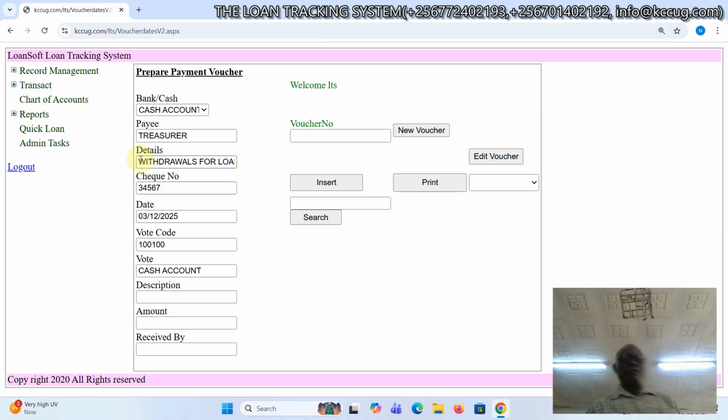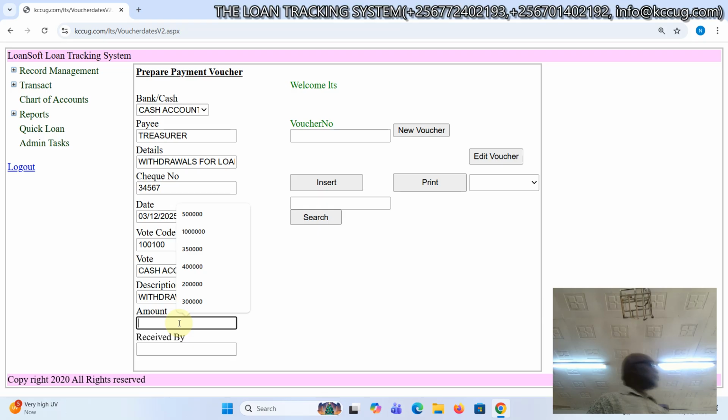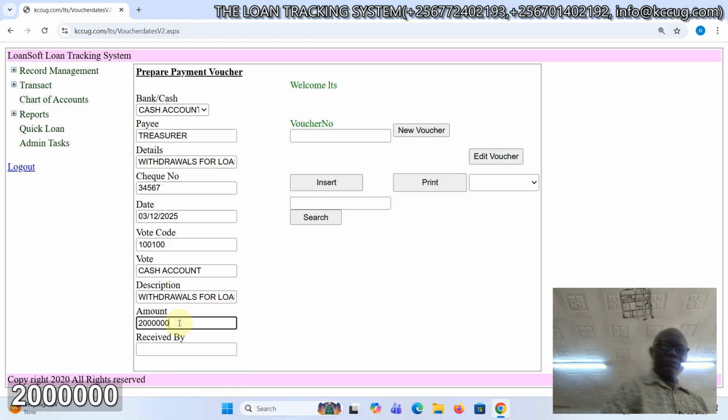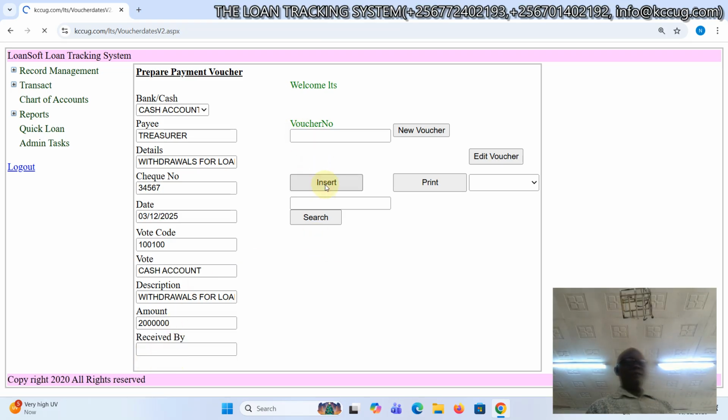Description, you write the same thing here: loan disbursements. Amount, let us assume that the total that we are going to disburse is 2 million shillings. Received by, you can leave it.